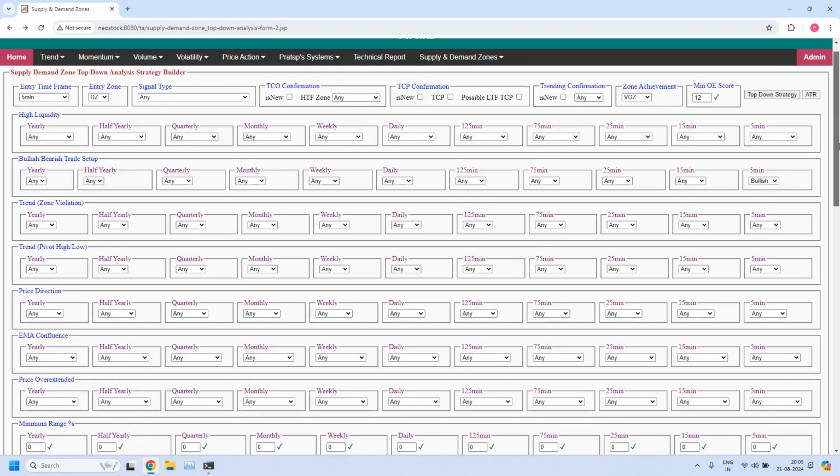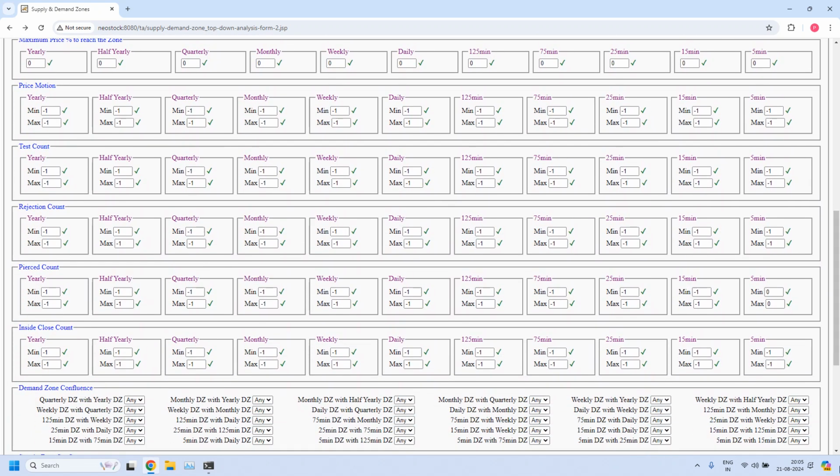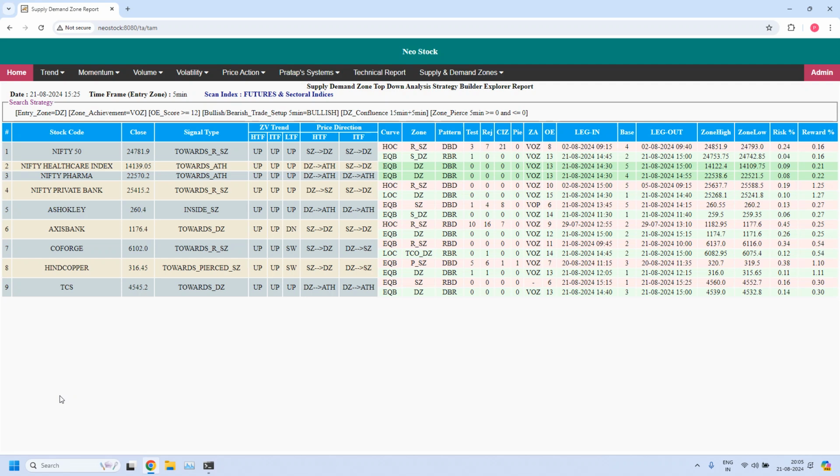So 5 minutes and 15 minutes demand zone confluence we have to enable. Here, 5 minutes demand zone with 15 minutes demand zone, we enable the option. Now let's filter the stocks. So 9 stocks are filtered. Out of 17, 9 stocks are currently supporting 5 minutes demand zone confluence with 15 minutes demand zone.